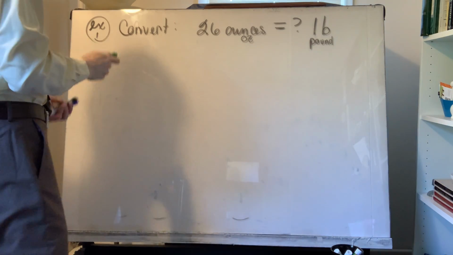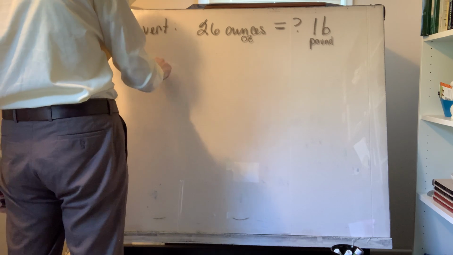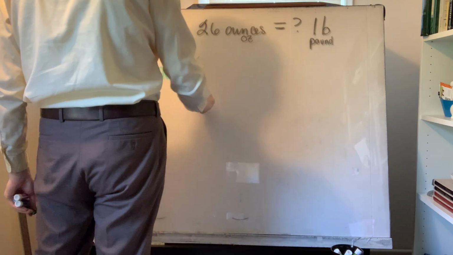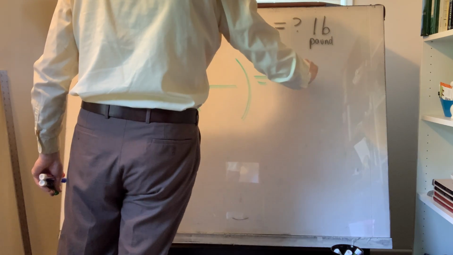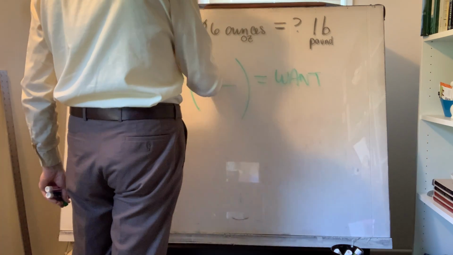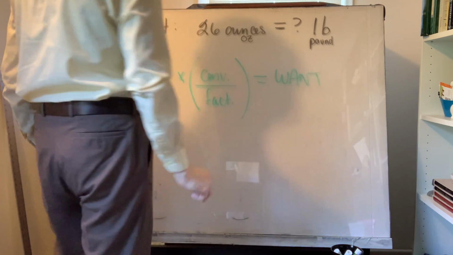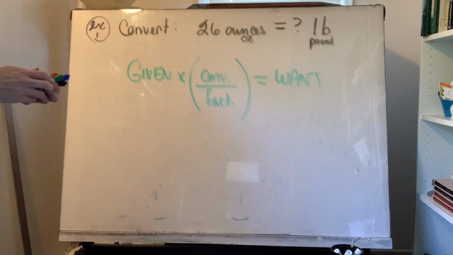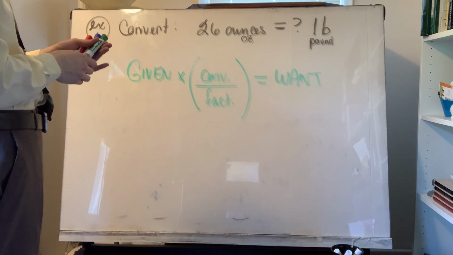Now, again, if you're going to stick with the model, green being faint would be actually apropos in this case. I'm going to superimpose the convenient information like so. Okay. What is given is 26 just regular standard ounces.